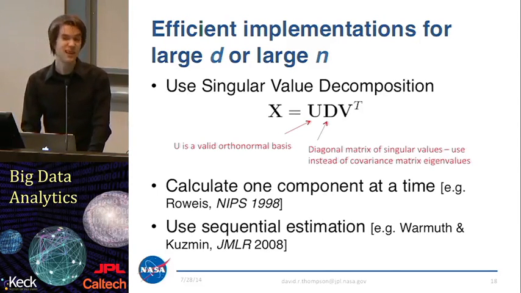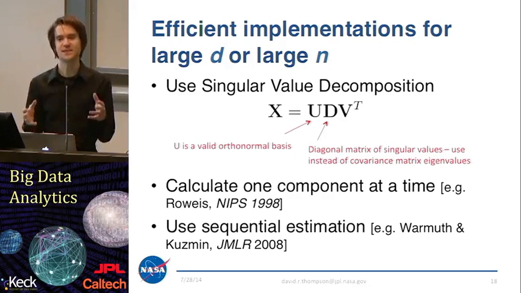Another approach is to just calculate one principal component at a time. I alluded before to iterative solutions to the eigensystem. Roweis et al. in NIPS provide a method for calculating one principal component at a time. Another method would be to use an online learning strategy where you train principal components analysis on a subset of the data and then iteratively update or improve it sequentially in sort of an online fashion.